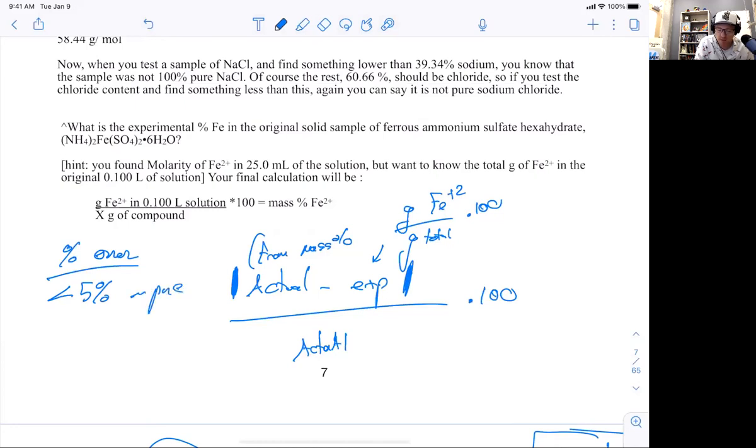If it's less than 1% error, then we would say it's really pure. If it's less than 0.1% error, then it's essentially just that compound. 99.9 is a lot of times the most pure that you can get a particular something.